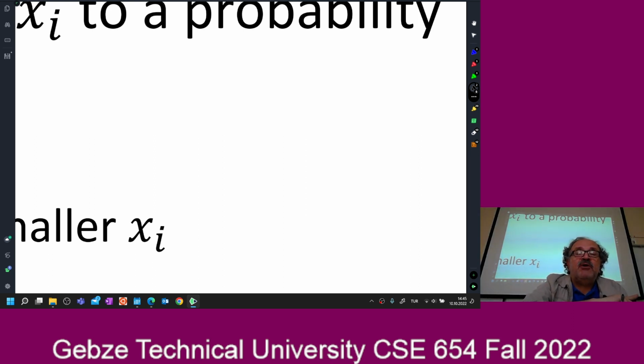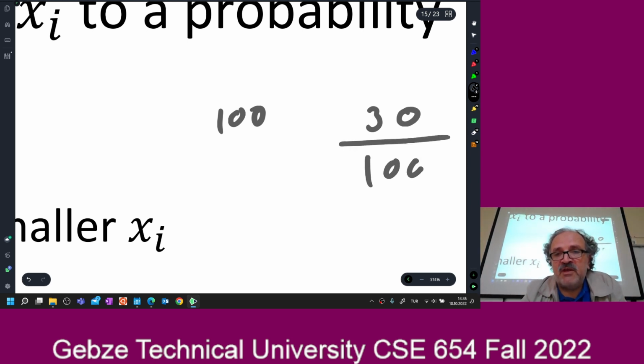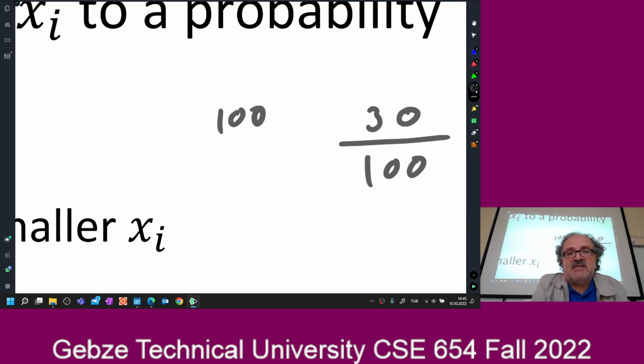In the morning, I came to the entrance of the building, and I counted 100 students, right? Out of 100, I see that 30 of them are female and 70 of them males. So usually with the maximum likelihood estimation, you will say that the probability that a given person in this department is female is 30%.